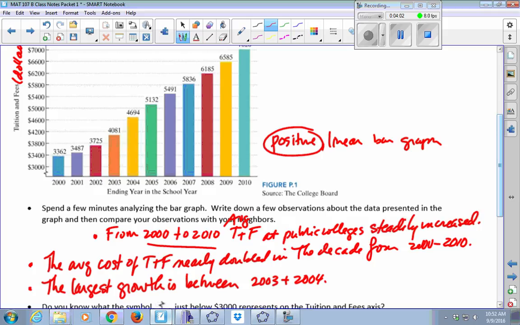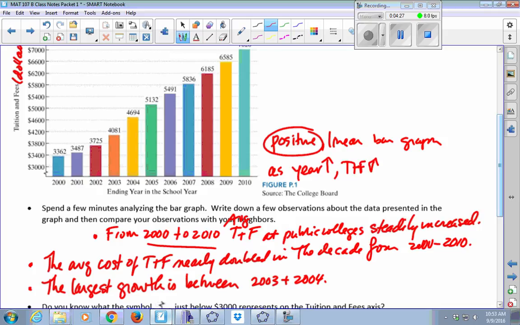That's correct. But there's something going on when you say positive. So I'm just trying to kind of grab that a little bit. Right. So you're noticing as the year increases each year, that your tuition and fee is also increasing.